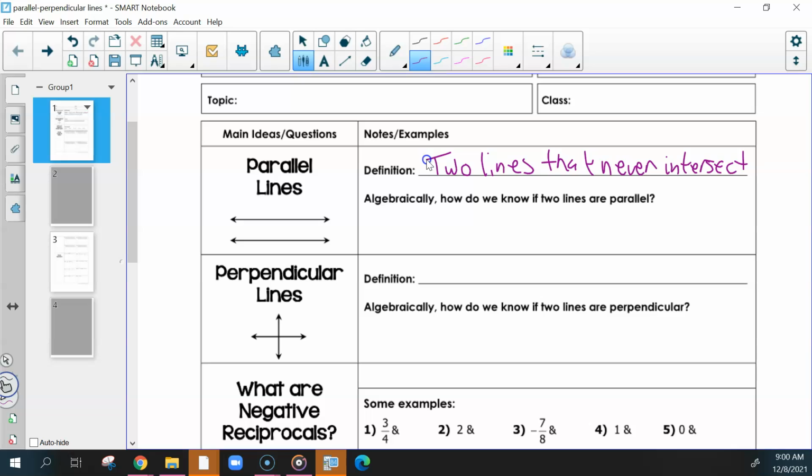Algebraically, we found that we know two lines are parallel if they have the same slope but different y-intercepts.